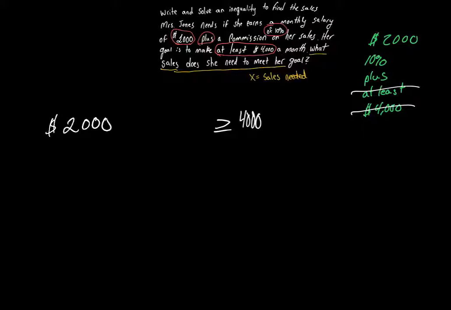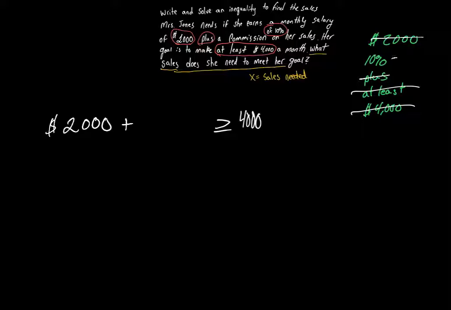And then whatever she sells, if you're in a sales profession, you get a base pay and then you get extra should you sell, meet selling quotas or goals or anything like that. And so she gets $2,000 if she doesn't sell anything, and that increases the more she sells. So we've used that $2,000. She gets that $2,000. Then she has plus a commission of 10% on her sales.